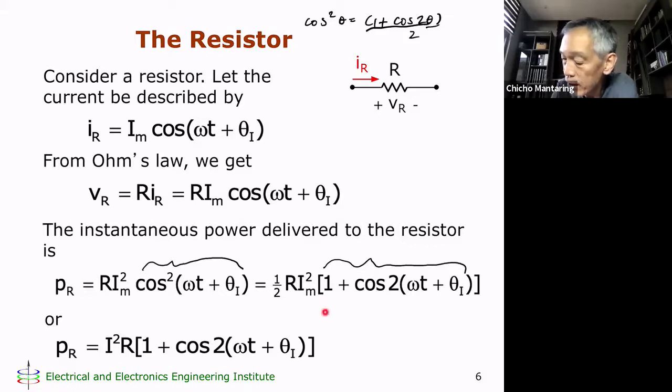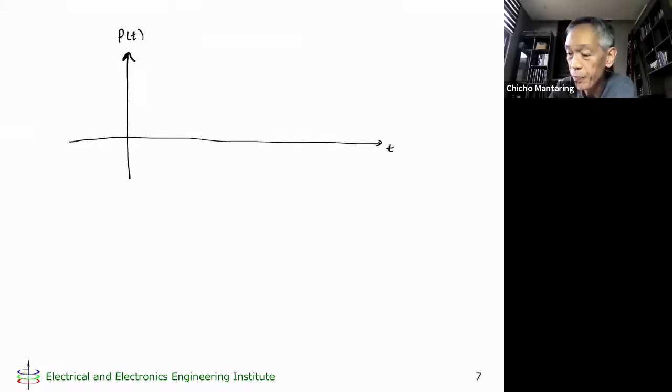What does the graph of this look like? Very simply, if I take a look at the power with respect to time, I have an average value.